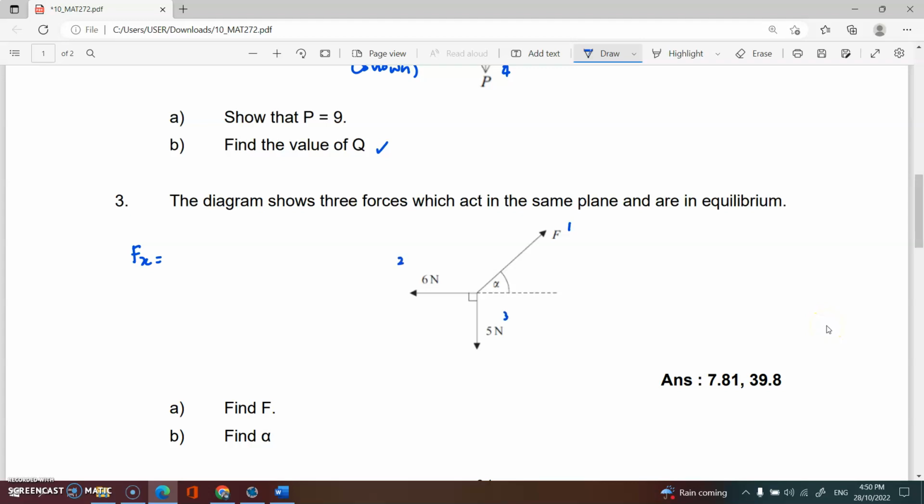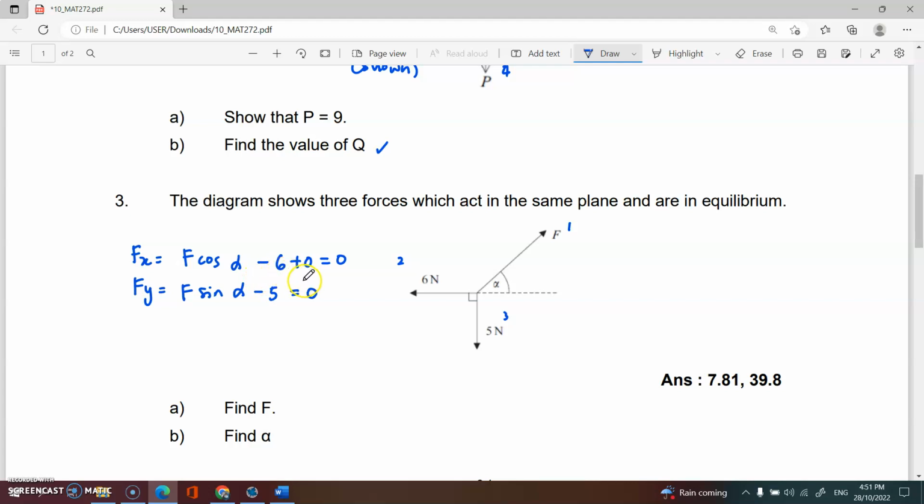So we have F cos alpha minus 6 plus 0 is equal to 0. For Fy, we have F sine alpha minus 5 equal to 0. So now you have two equations and two unknowns, which are F and alpha.